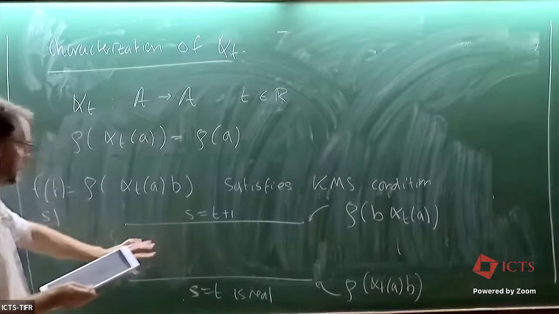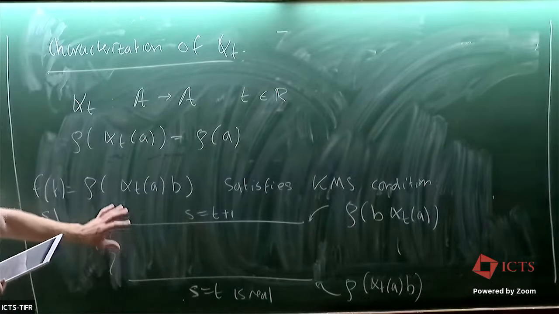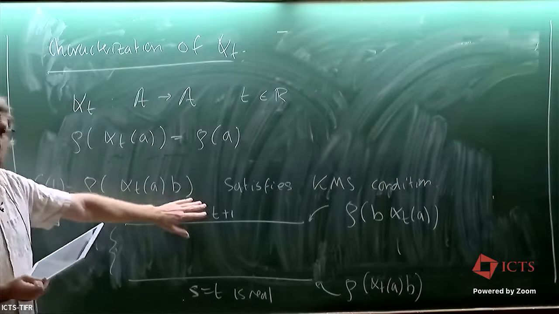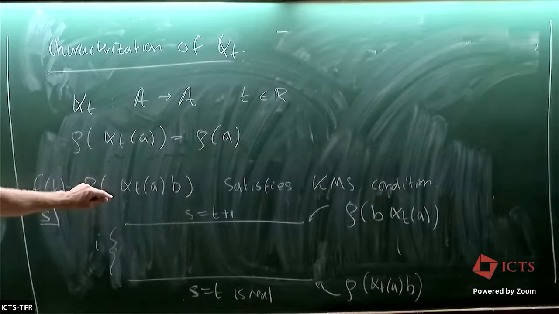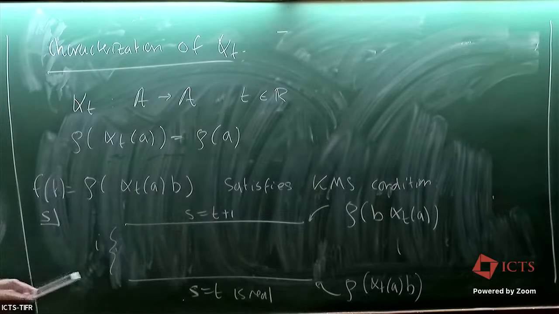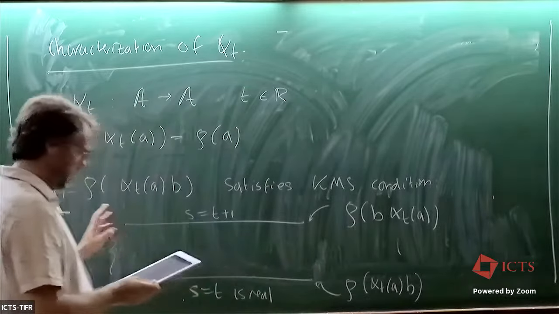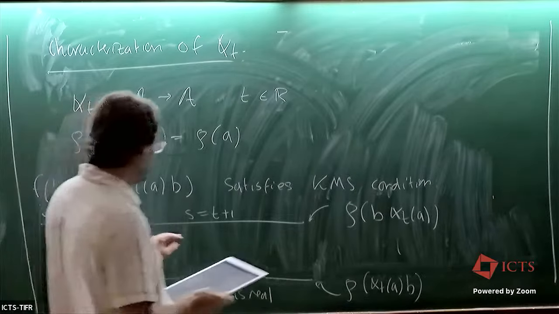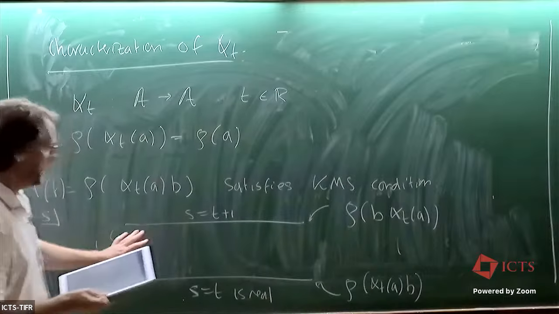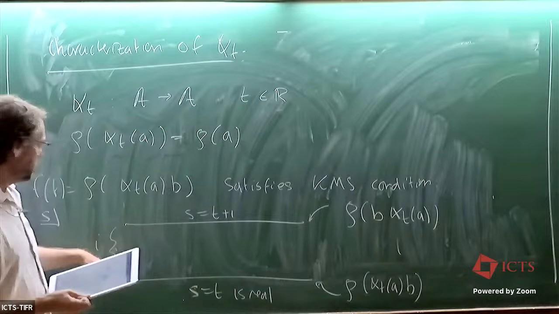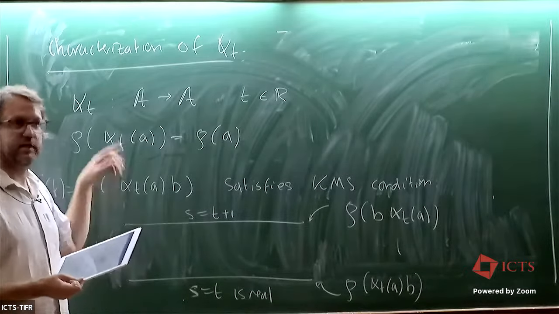This is known as the KMS condition because it's the same property of thermal correlation functions. If I think about two-point functions of operators in a thermal quantum system, it has this analyticity property. Where does that property come from? When you check it, a basic ingredient is using cyclicity of the trace.